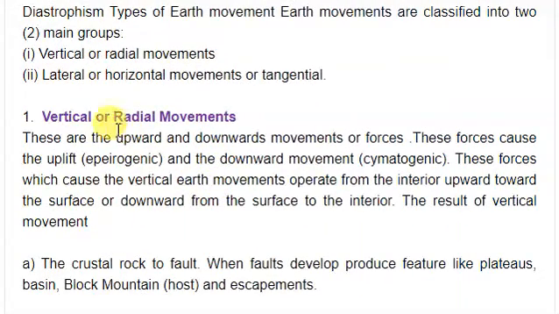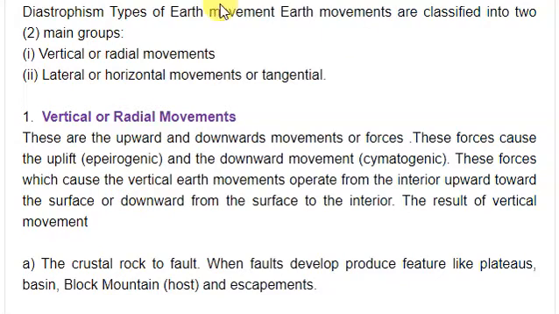Starting with the vertical or radial movement, these are upward and downward movements of forces. These forces cause uplift, which we call epirogenic, and downward movement, which we call cymatogenic. The forces which cause the vertical Earth's movement operate from the interior upward towards the surface, or downward from the surface to the interior.